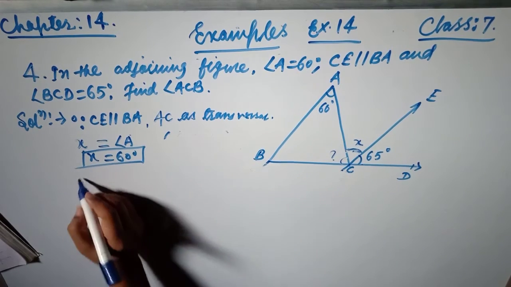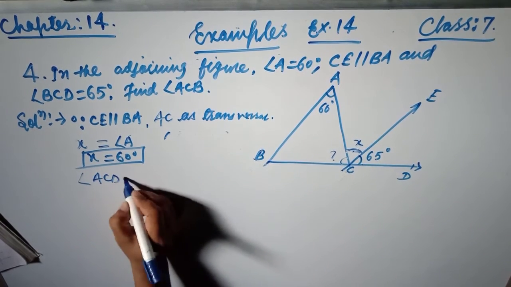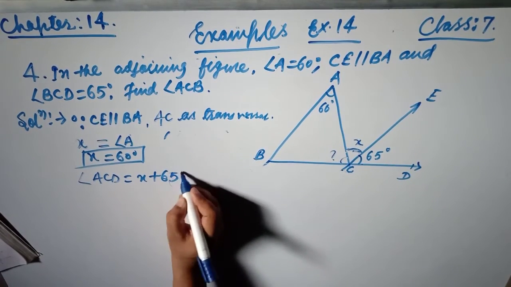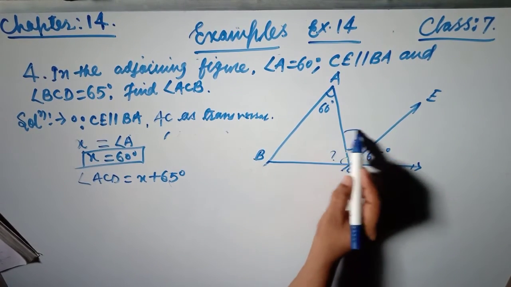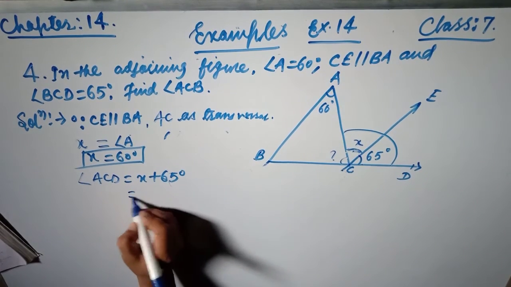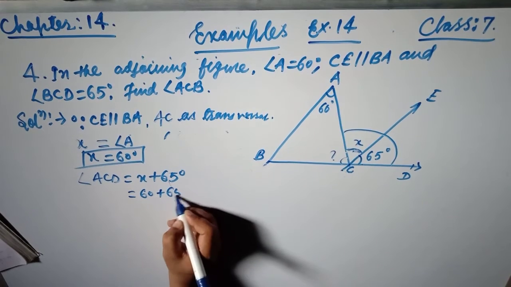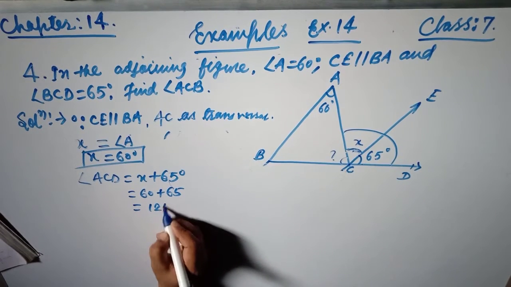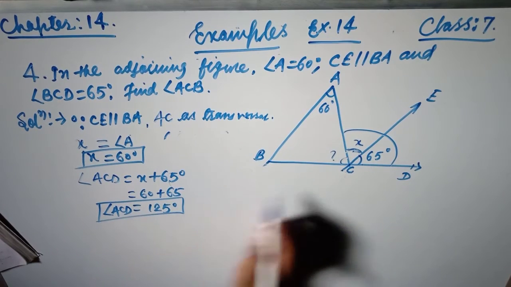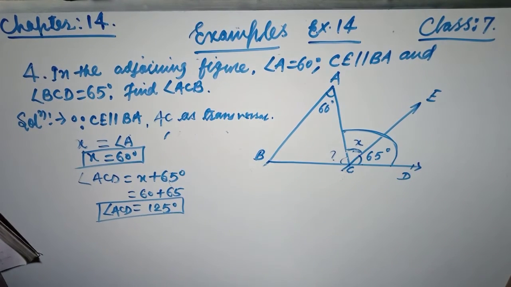Now the whole angle ACD is x plus 65, and x is 60 degrees, plus 65, add, this is 125 degrees. Now angle ACD, look friends, is the exterior angle.